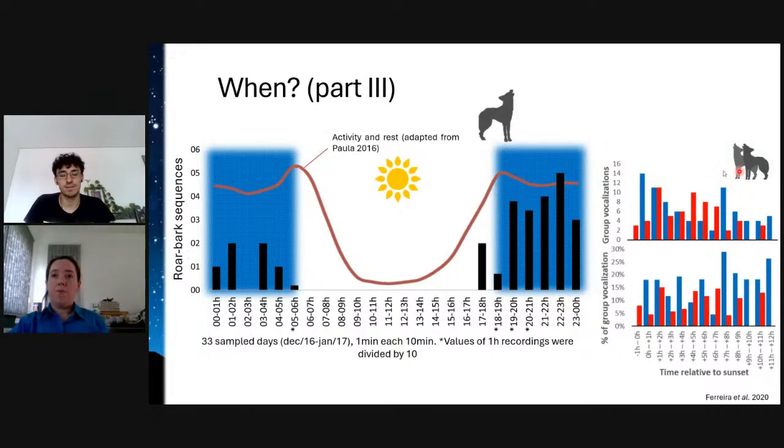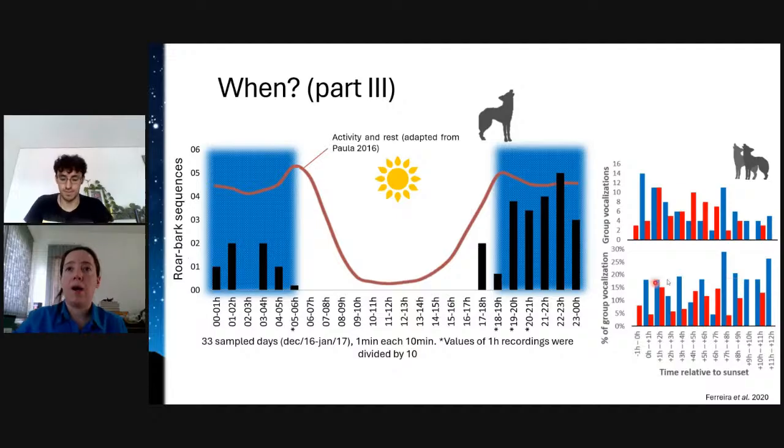And also, if group vocalizations followed a similar pattern as normal raw bark sequences. And just like the moon, there's no pattern in group vocalizations, no daily pattern, which indicates that when it's a group vocalization, they have to answer no matter what the hour, no matter what the moon phase, illumination, or anything.